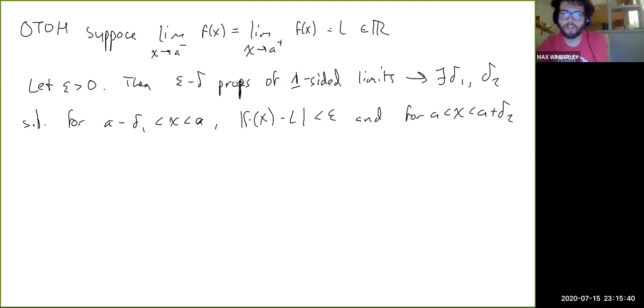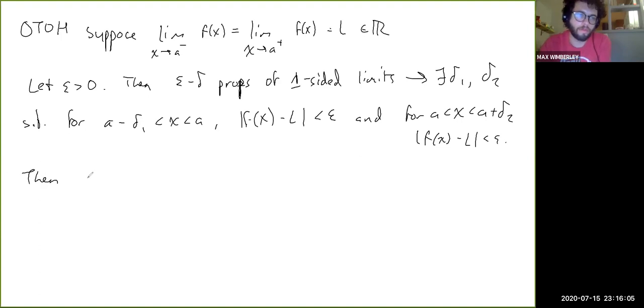Delta 1 satisfies the epsilon-delta property for the left-hand limit, and delta 2 satisfies it for the right-hand limit, for the given epsilon.